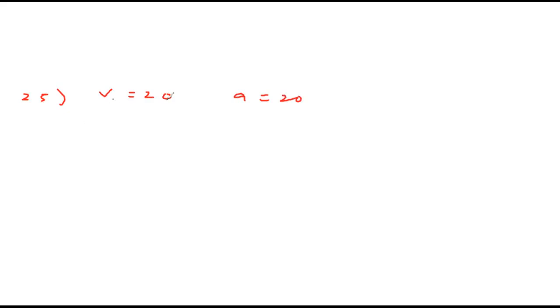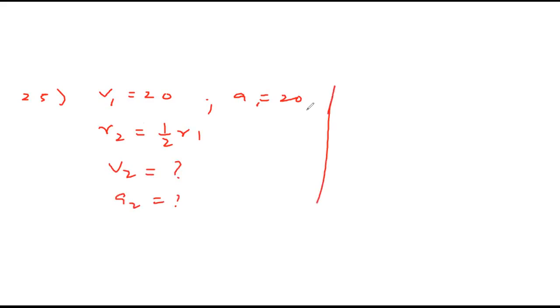So this is V1, A1. The particle is shifted to a new position whose radius is half the original. Then what is the value of the new speed and new acceleration?